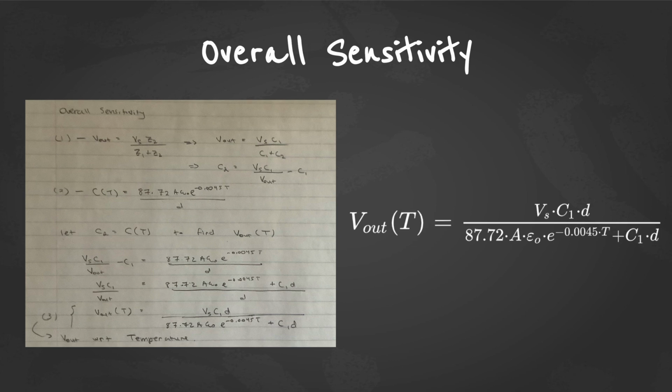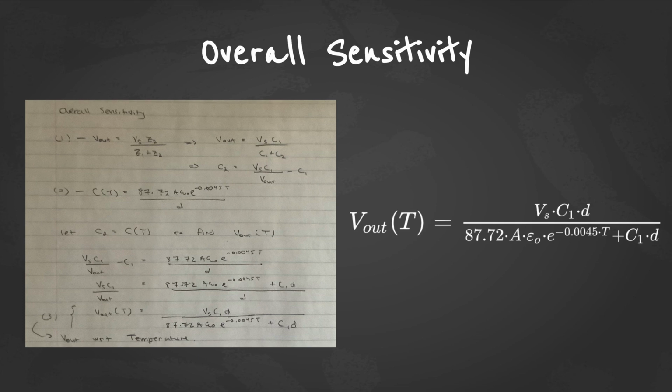So we know that our C2 value should be equal to our capacitance as a function of temperature for all values. Now we can find what our V out as a function of temperature is equal to by simply letting C2 equal C at T. As you can see, we did our rearrangement of equations right there, and we are left with V out as a function of temperature equal to this very big equation: Vs times C1 times d, all over 87.72 times A times epsilon naught times e to the power of negative 0.0045 times temperature, plus C1 times d.